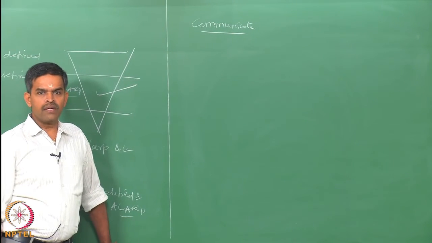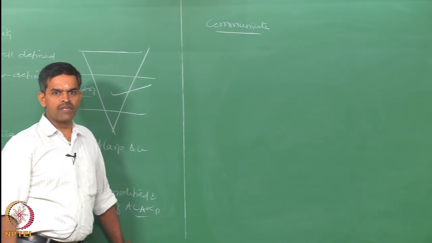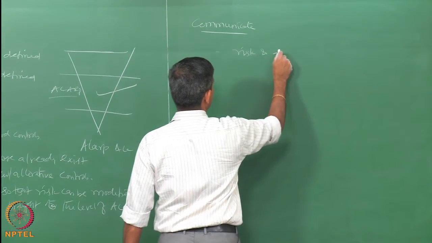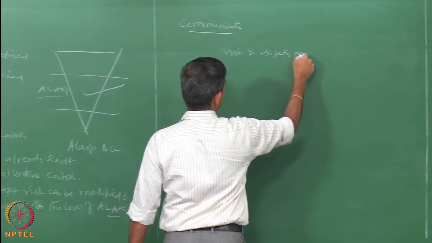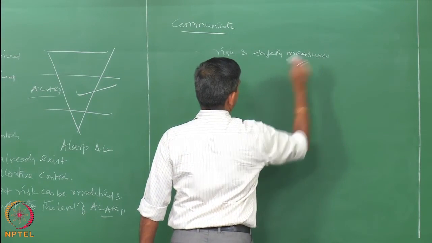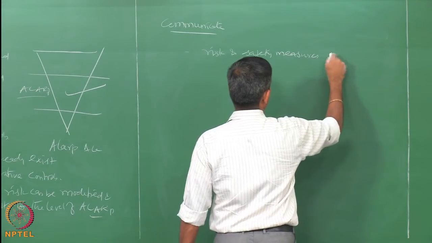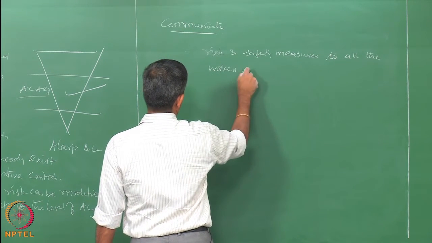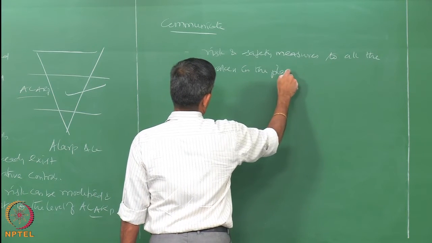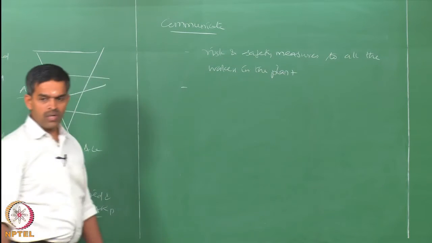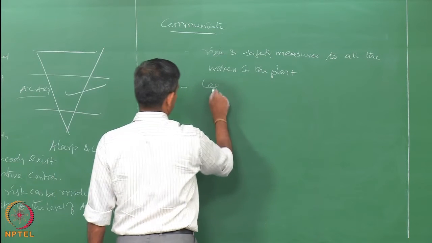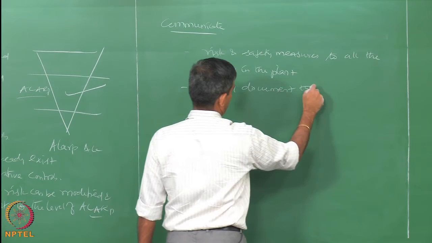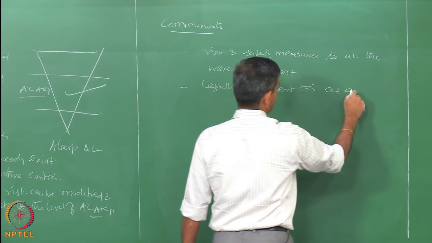You need to communicate the information about the risk and safety measures to all the workers in the plant. You have to also legally document this as a part of the safety audit report.